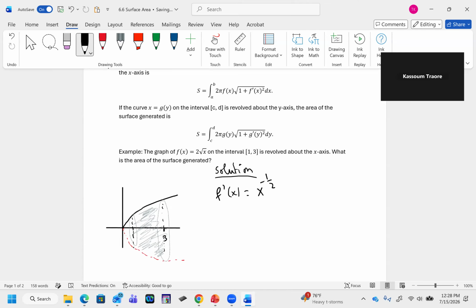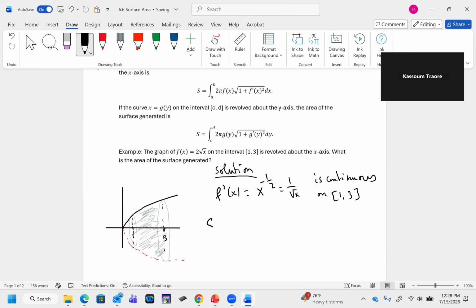Which is continuous on the interval 1 to 3. Or, x to the power of negative 1/2 is the same thing as 1 divided by square root of x, right? So you see it's continuous on 1 to 3.